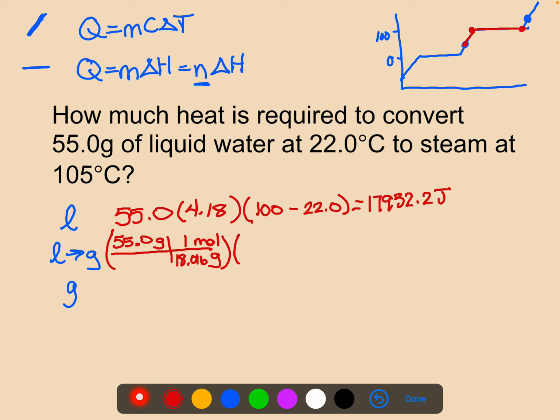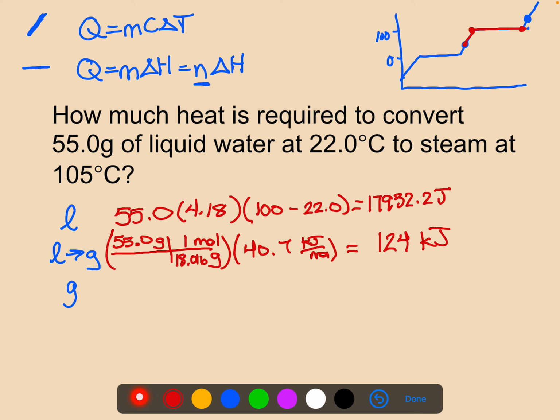Because we're going from liquid to gas, it is the heat of vaporization value, which was the 40.7 kilojoules per mole. I'm going to tell you our mass had 3 sig figs, so we'll leave this at 3 sig figs. This is going to be 124 kilojoules.